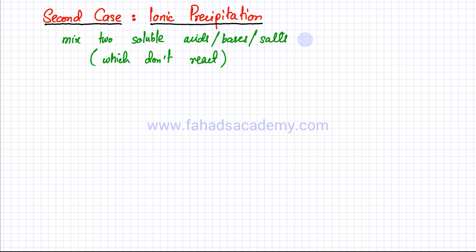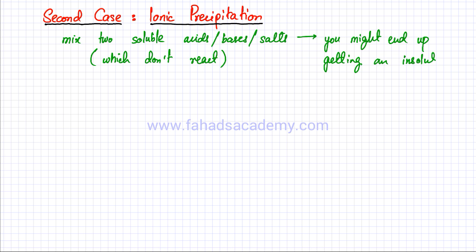So what's going to happen is that you might end up getting an insoluble product. And remember, you might end up getting an insoluble product. It's not always going to happen. You're always going to be on the lookout for an insoluble product.